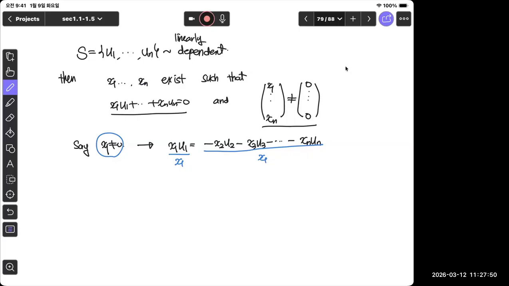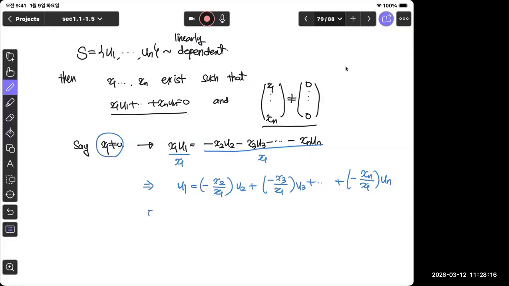Then what do we get? From the left, we get u1. That is negative x2 over x1 times u2, negative x3 over x1 times u3, and negative xn over x1 times un.